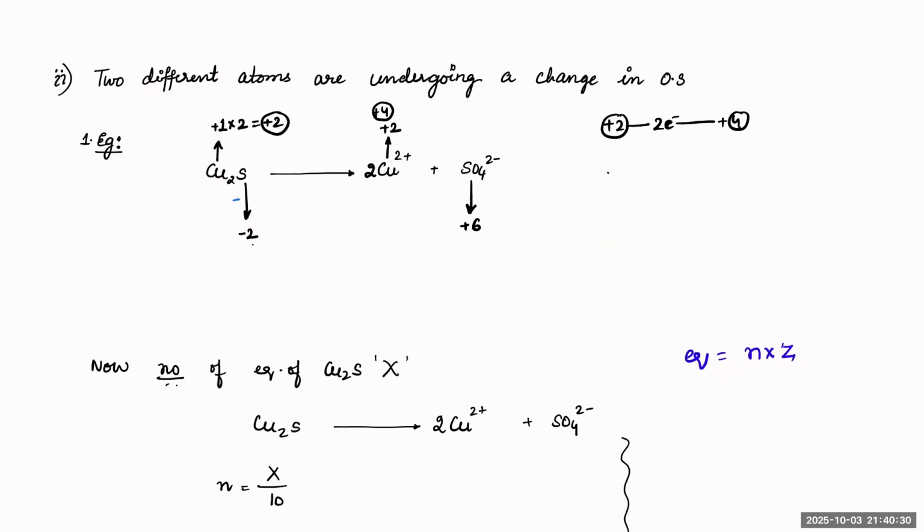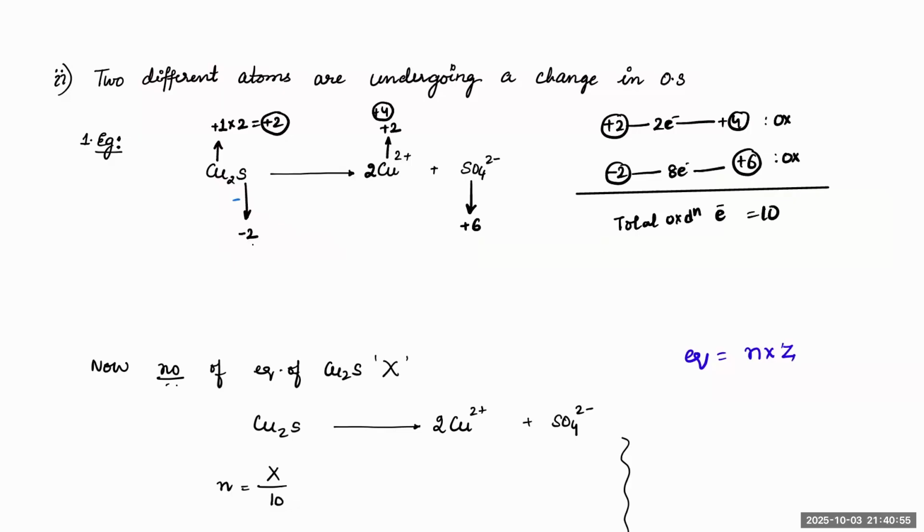Similarly, from minus 2, it is changing to plus 6. So how many electrons are transferred totally? 8 electrons have been transferred. Have you noticed that this is oxidation as well as this is oxidation as well? So the total number of electrons are oxidation electrons only. So I can say total oxidation electrons are 10.